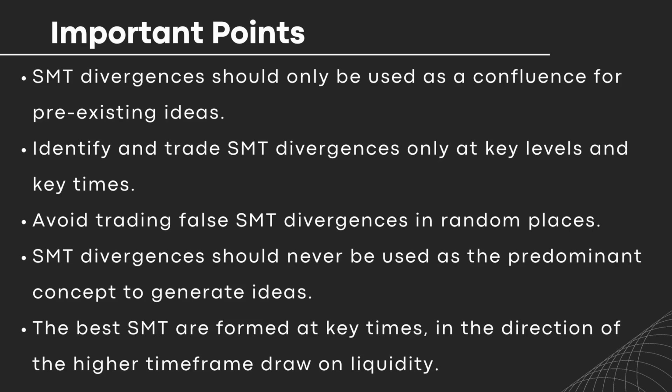Avoid trading false SMT at random places, and you know how you're going to do that, which is by using filters. The best SMT are found at higher time frame key levels at key times in the direction of the higher time frame drawn liquidity, right? These are some important points that you must write down.